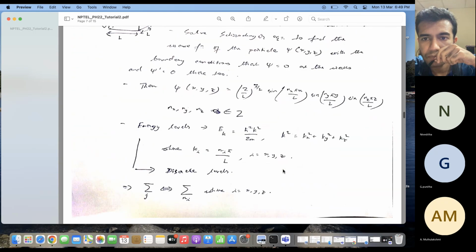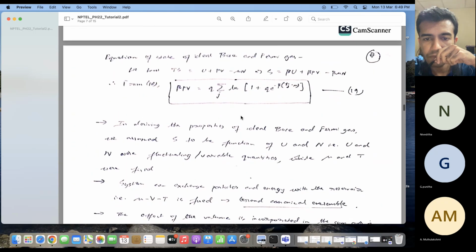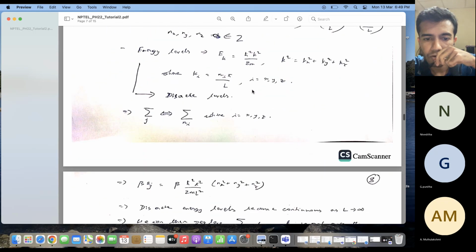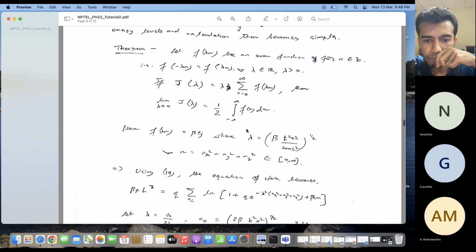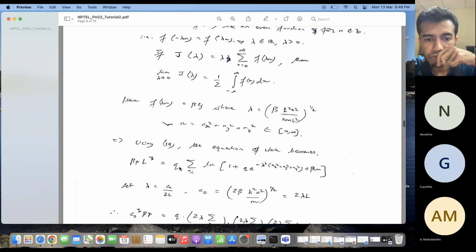Then what I do is use equation 19. That is, look at the equation of state first. Over here I had a summation over j over this quantity. I write the summation over j as a summation over n_i, that is my quantum numbers here.